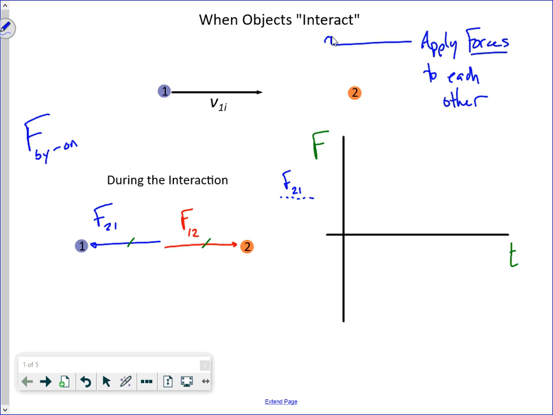And so while we might represent F by 2 on 1, like, all right, they haven't interacted yet. Okay, they bump into each other, and then they separate, and then they're not interacting anymore. All right, maybe the plot of F2 on 1 as a function of time looks like that, where there's some F21 max.